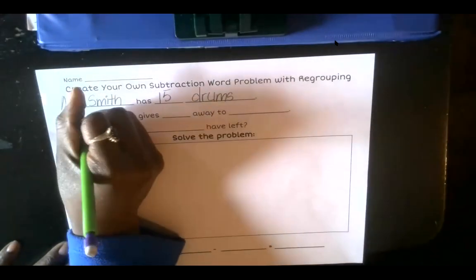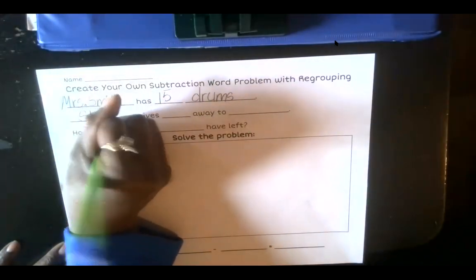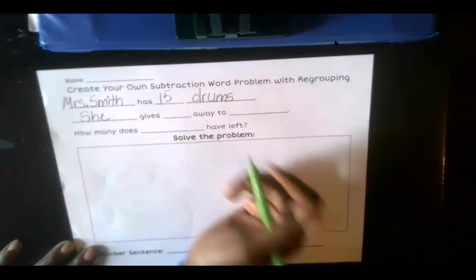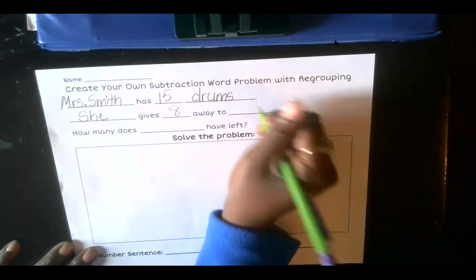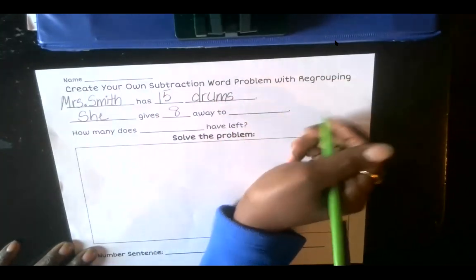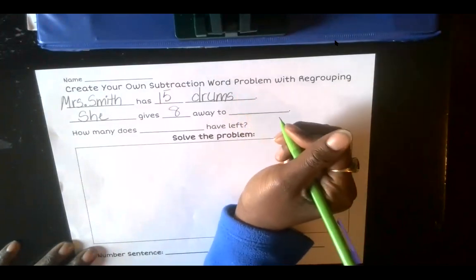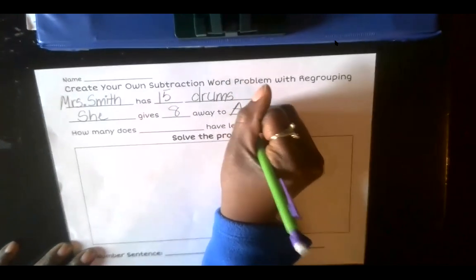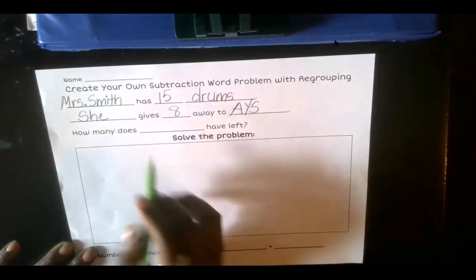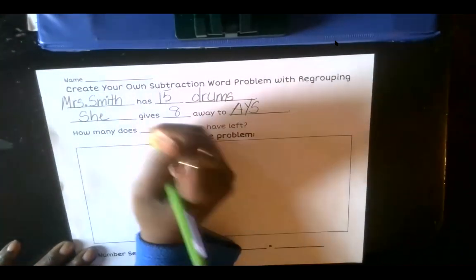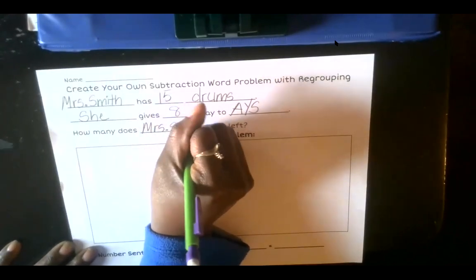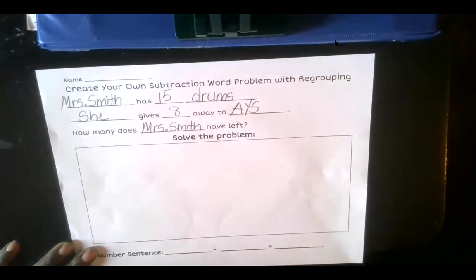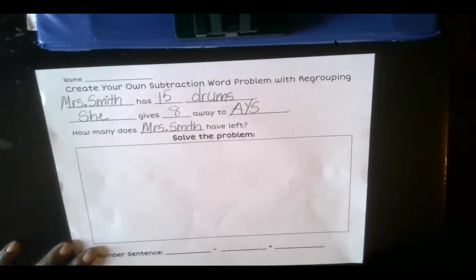She gives 8 away to AYS, the after school program. How many does Mrs. Smith have left?